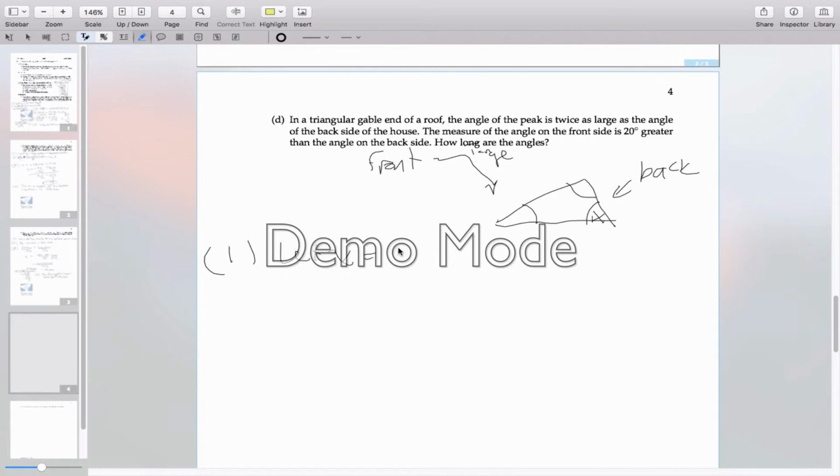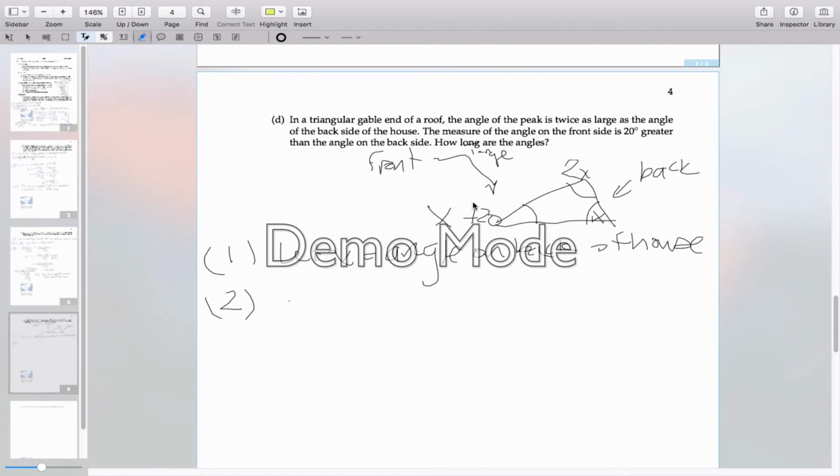So let x equal the angle on the back of the house. Now we know that the angle on the peak is twice as large as the angle on the back side of the house, so we can multiply x by 2, and that has to be the angle on the peak, and the angle on the front has to be x plus 20 degrees greater than the angle on the back.